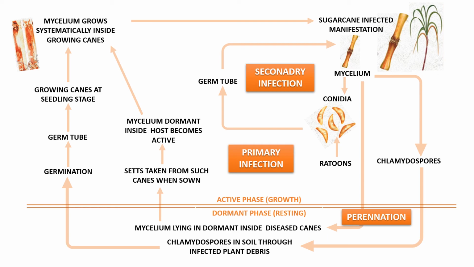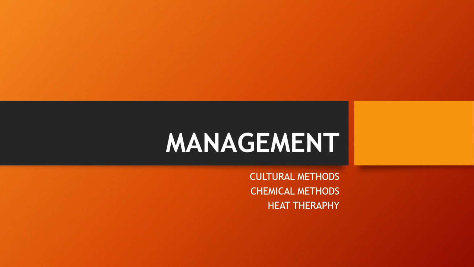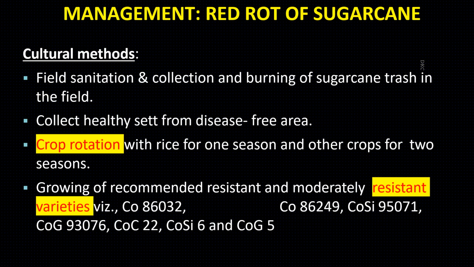Now coming to the control measures required for the management of the disease. In the cultural methods, field sanitation and collection and burning of sugarcane trash in the field can be done. We can collect healthy sets from disease-free areas. Crop rotation with rice for one season and other crops for 2 seasons can also be done.